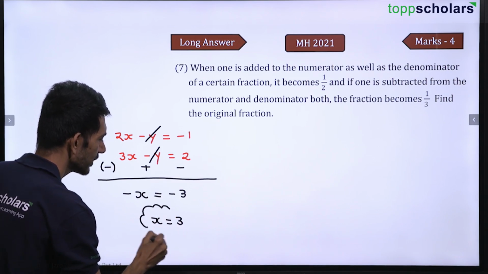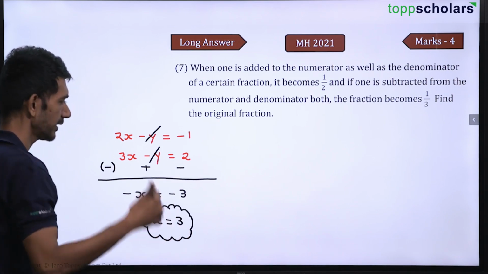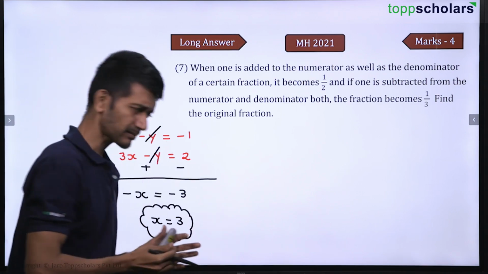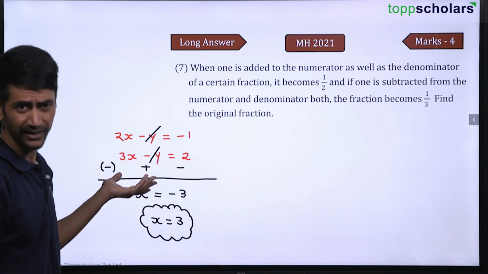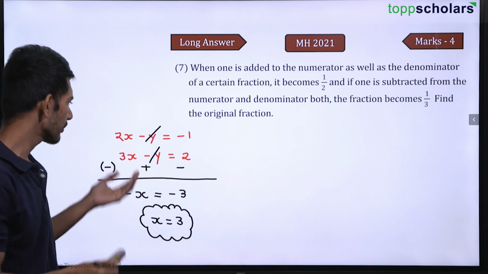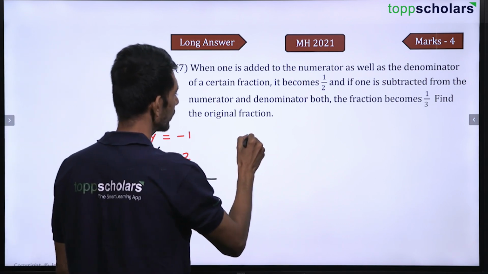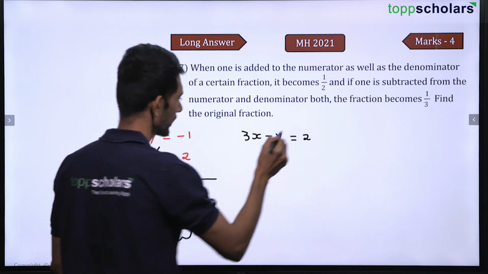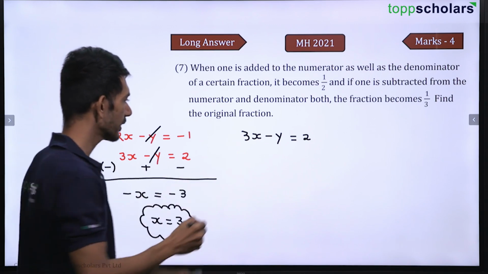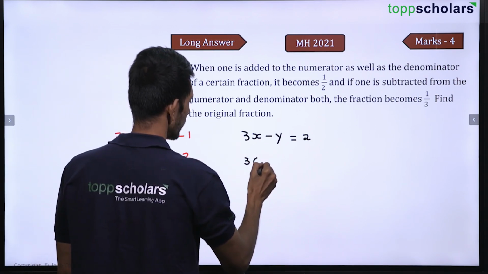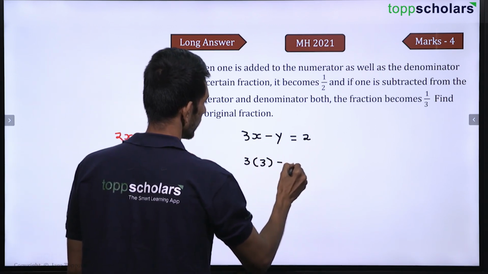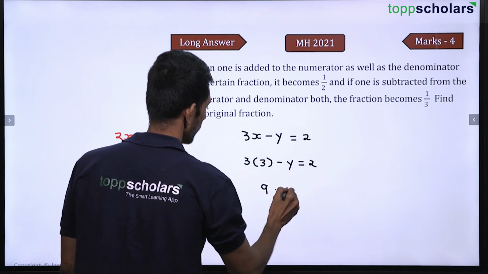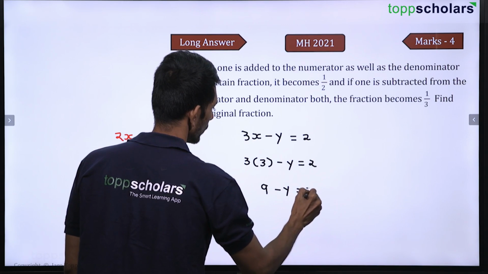So if x is equal to 3, the numerator is 3. You can put it in any equation, that doesn't really matter. Let me put it in equation number 2. I have 3x minus y is equal to 2 and x is equal to 3. So I get 3 into 3 minus y is equal to 2. So 9 minus y is equal to 2.